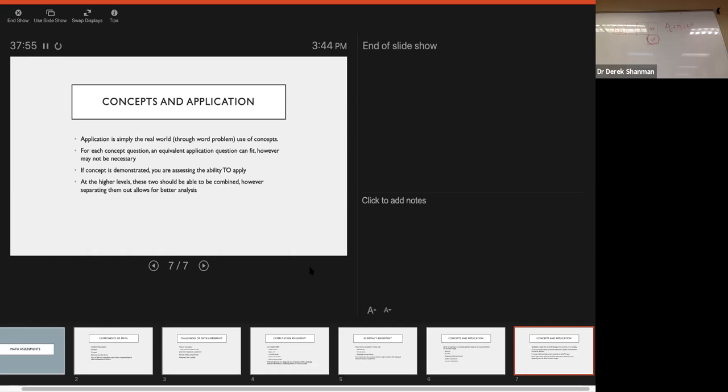There's an assumption there that the child can add or the child can subtract. That concept or that computation has already been assessed. The application is, are you identifying that this is a situation where you use addition, subtraction, multiplication, whatever it might be?